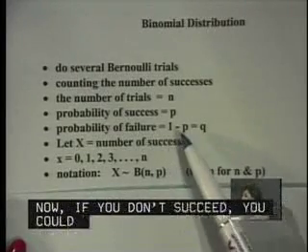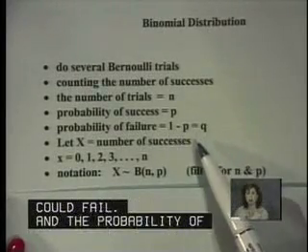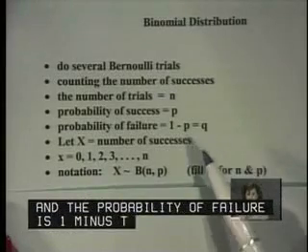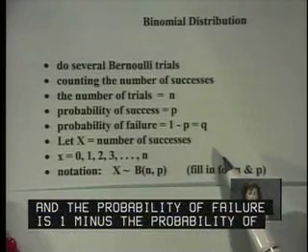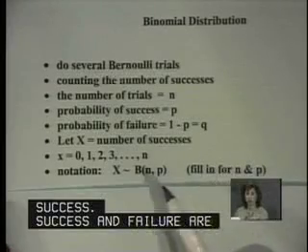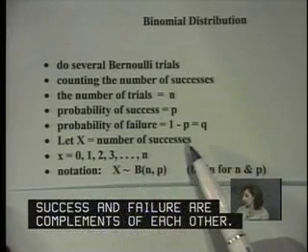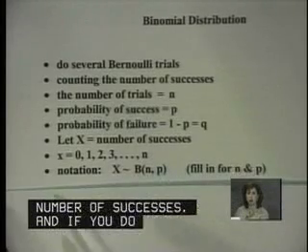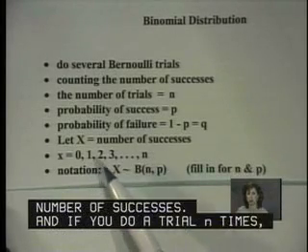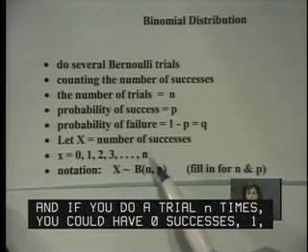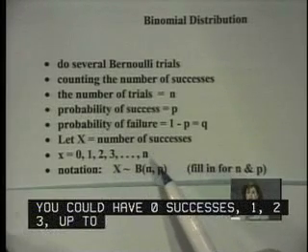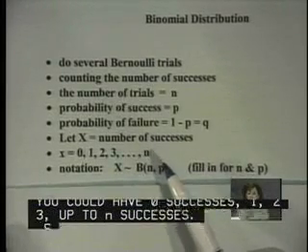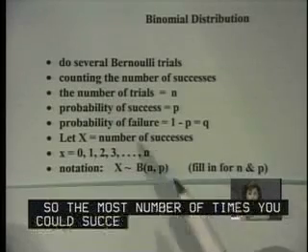And the probability of failure is 1 minus the probability of success. Success and failure are complements of each other. What we're counting is the number of successes. And if you do a trial n times, you could have 0 successes, 1, 2, 3, up to n successes. So the most number of times you could succeed is the number of times you do the experiment.